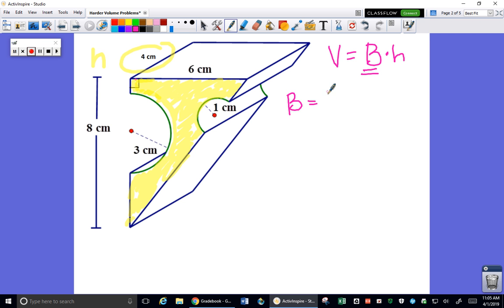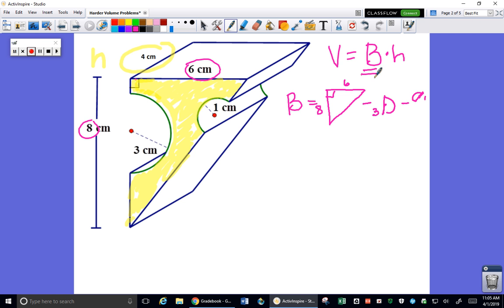So the base area is basically a right triangle with a side length of 6 and a side length of 8. And then I'm going to subtract the semicircle from the left with a radius of 3. And then I'm going to subtract a semicircle from the right with a radius of 1.